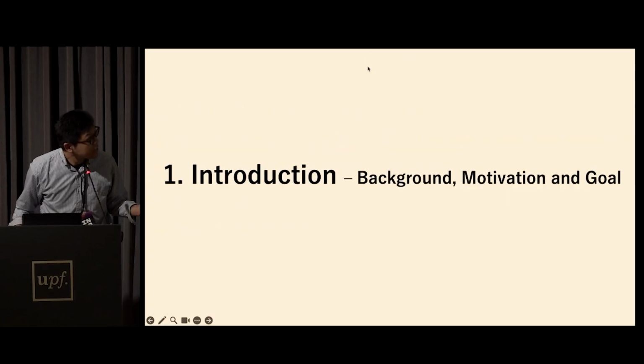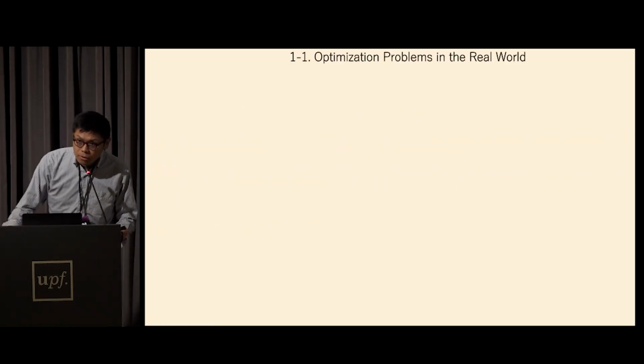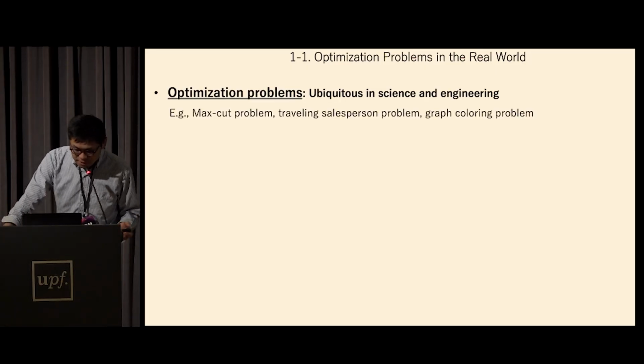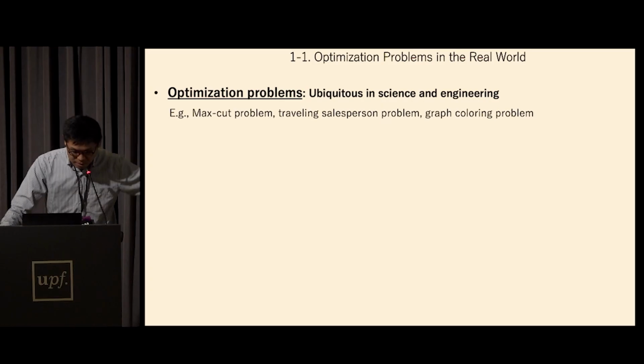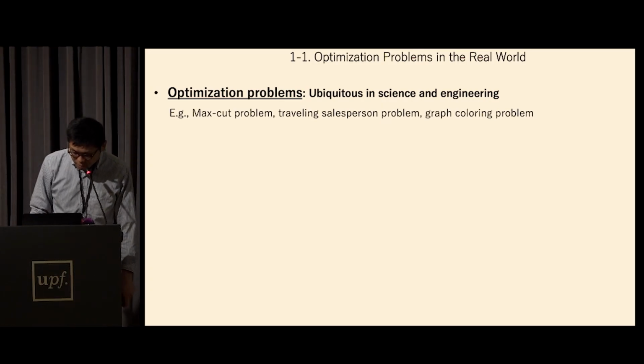Okay, so introduction. So we have 2 motivations for our research, and the first one is the optimization, to tackle optimization problems in the real world. So as we all know, optimization problems are ubiquitous in science and engineering, and the examples of the basic optimization problems include max cut problem, traveling salesperson problem, and graph coloring problem.